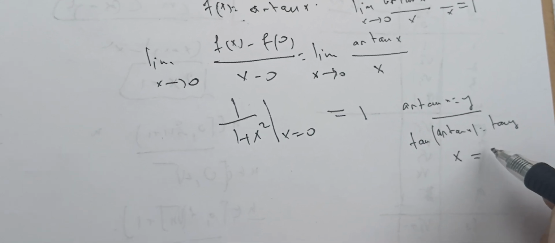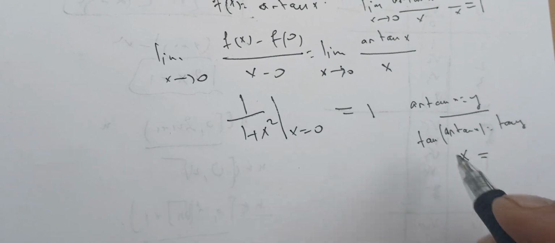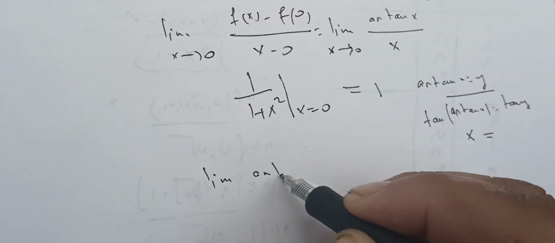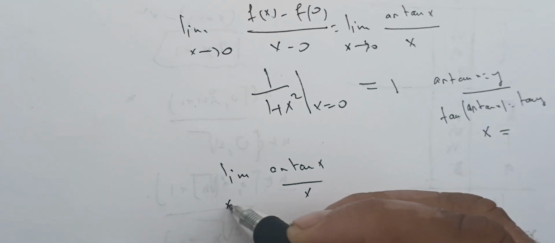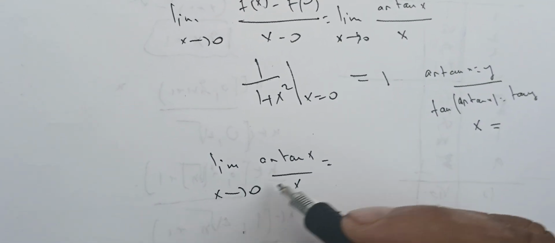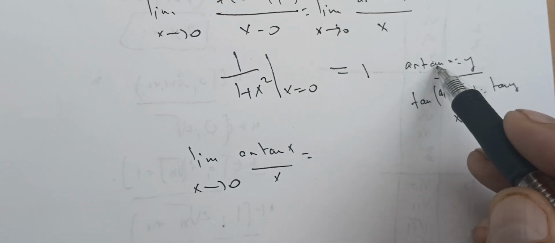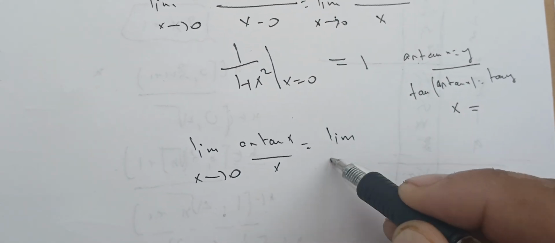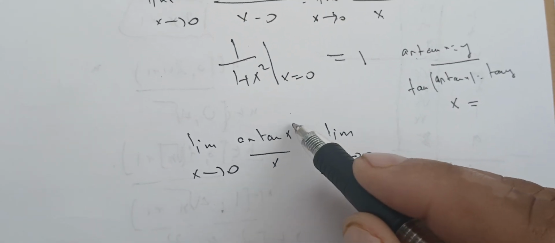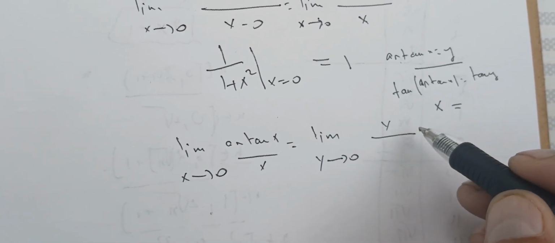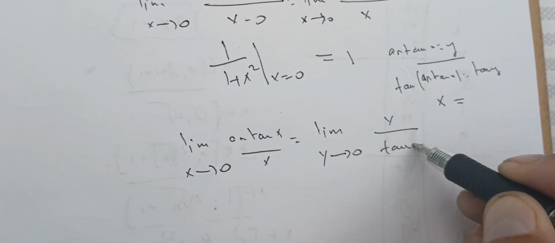So this gives us that this limit of arctangent of x over x as x goes to 0. When we change the variable, when x goes to 0, the arctangent will go to 0, and therefore y will go to 0. And arctangent is y, and x in this case is the tangent of y.